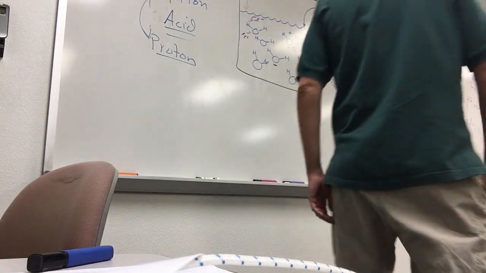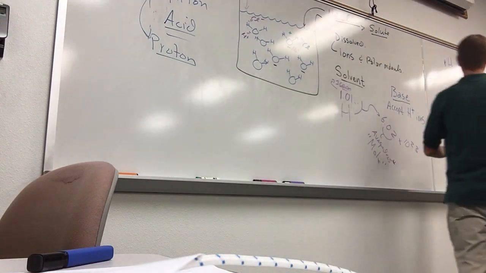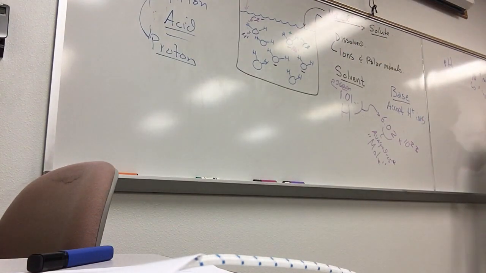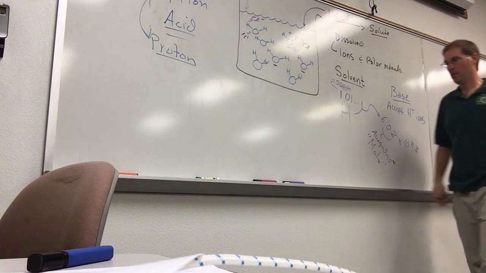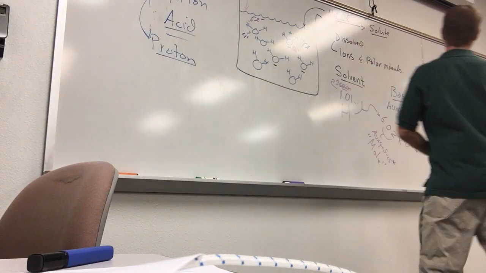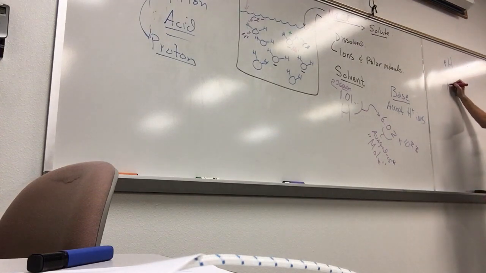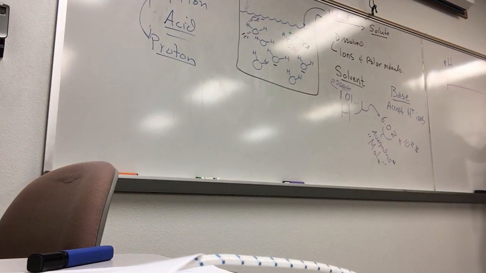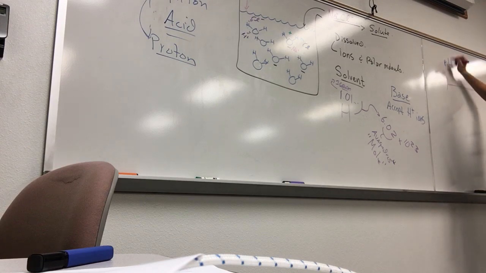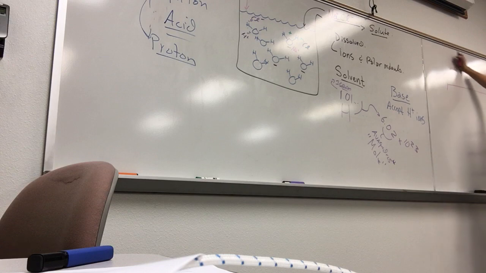So now what we do is we get our pH scale. Erase all this stuff here. And our pH scale typically goes from 14 to 0. So all the way down here at 0 would be what?